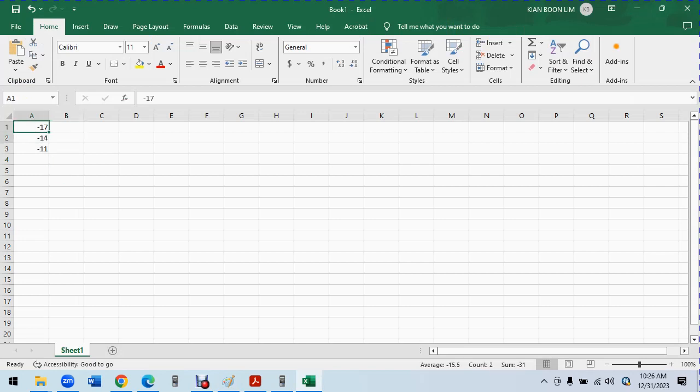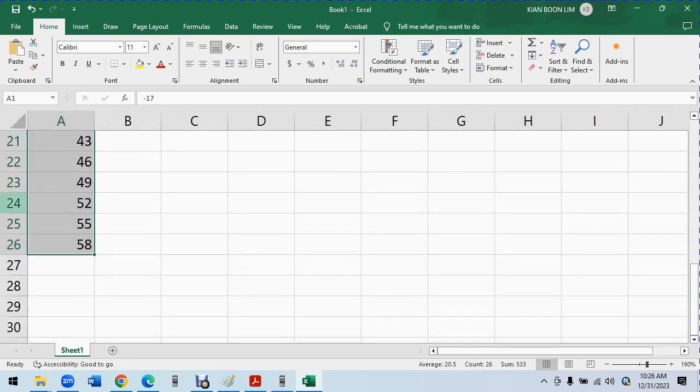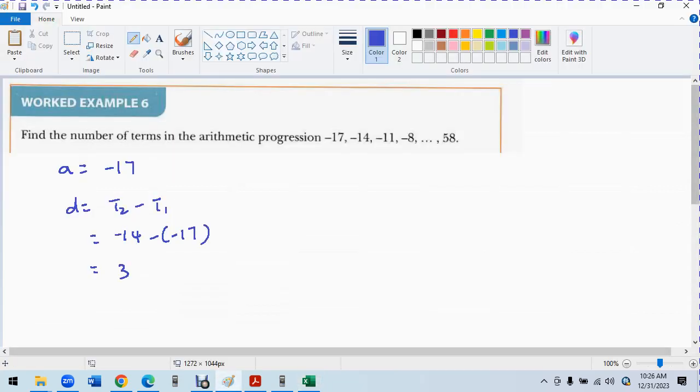So Excel will help you to calculate all the next values. So you just highlight and then drag it until 58. So I know that this is actually the 26th term. So I know the answer is 26.